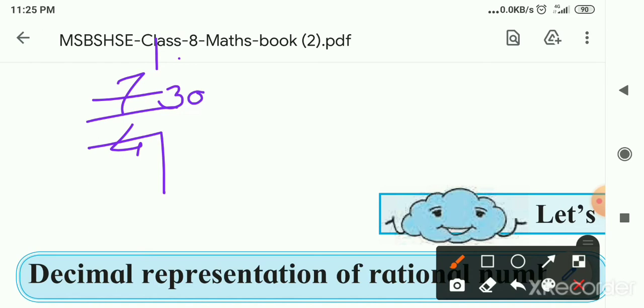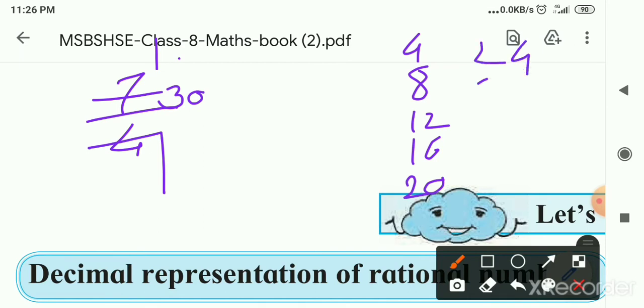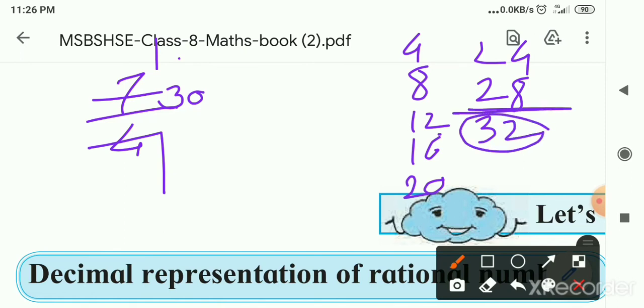Is 4 stable inside 30? No. Which is the number smaller than 30 present in the table of 4? 4 2s are 8, 4 3s are 12, 4 4s are 16, 4 5s are 20, 4 6s are 24, 4 7s are 28, 4 8s are 32. You will notice that 32 is greater than 30. So the smaller number is 28, and that we have to divide at first.